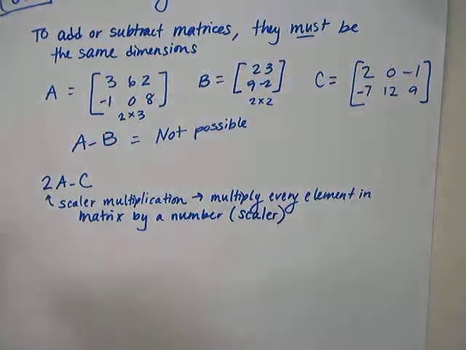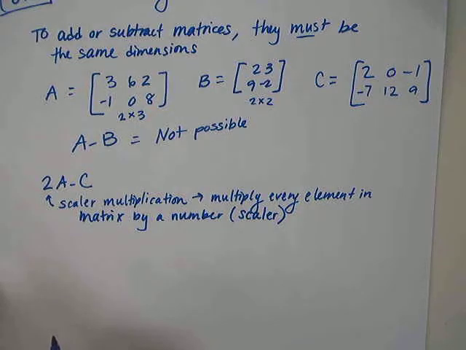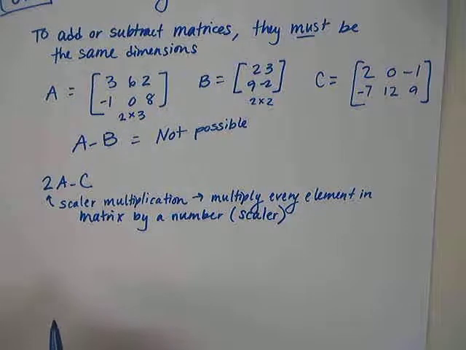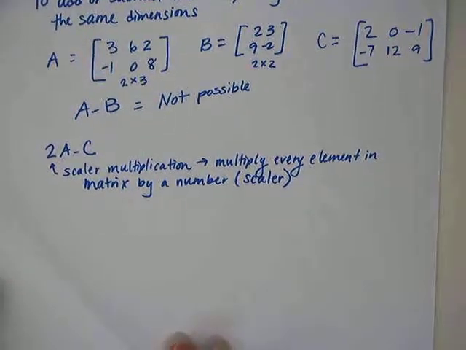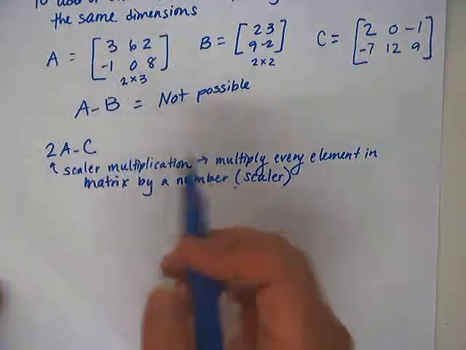For some reason, when it's a single number like that, we call it a scalar. When we're working with matrices, we have matrices and we have scalars. So we have matrix multiplication and we have scalar multiplication. Anyway. Okay, so now let's do this problem at hand here.